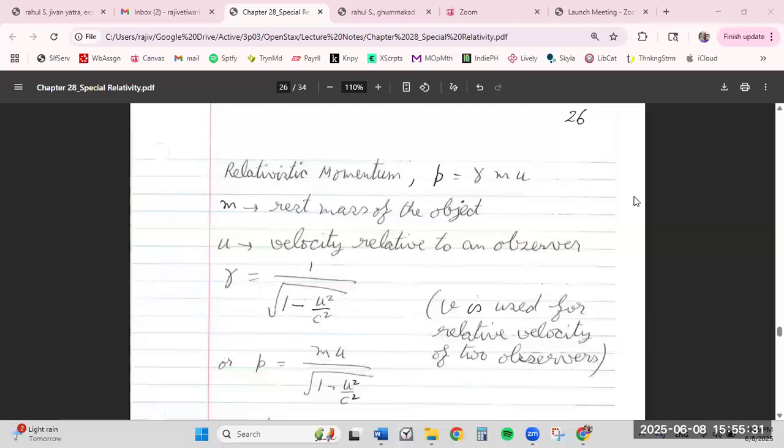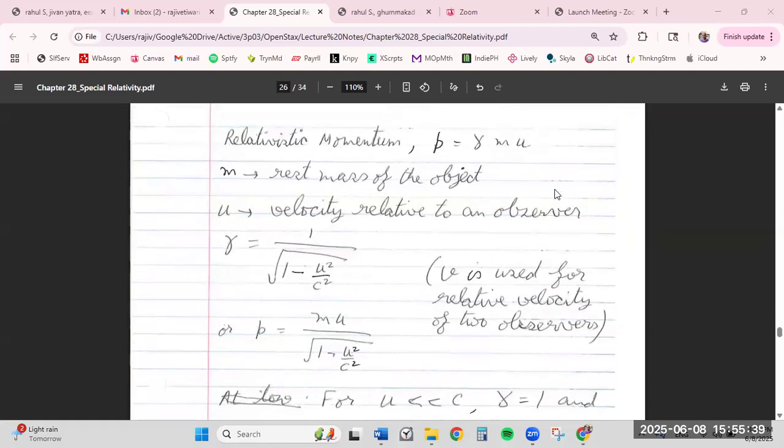At relativistic speeds, the momentum is defined as p equals gamma m u. So instead of just m u, there's a factor of gamma now. Instead of just mass times velocity, this is mass times velocity times gamma. So m is the rest mass of the object. It's the mass of the object when it's at rest.